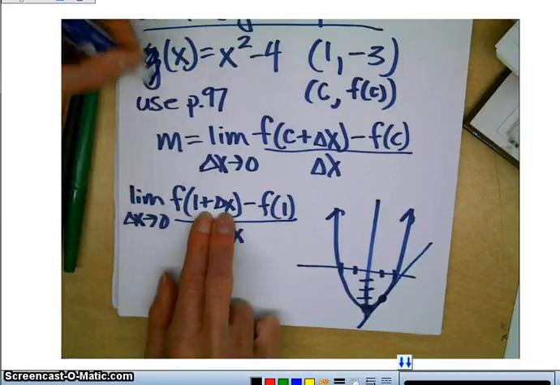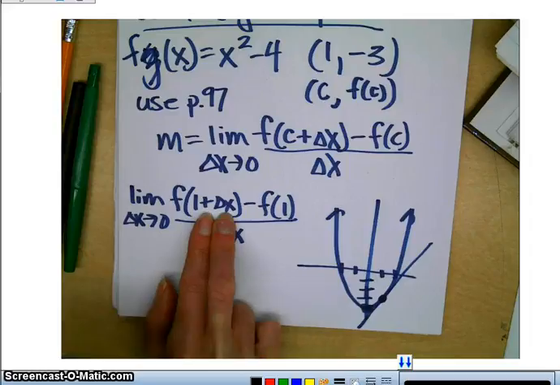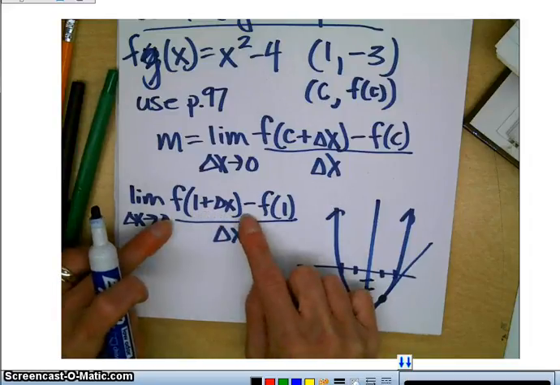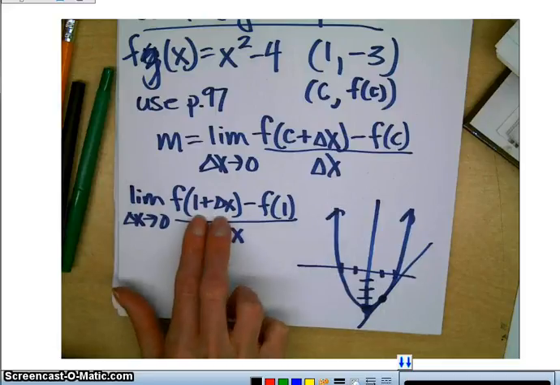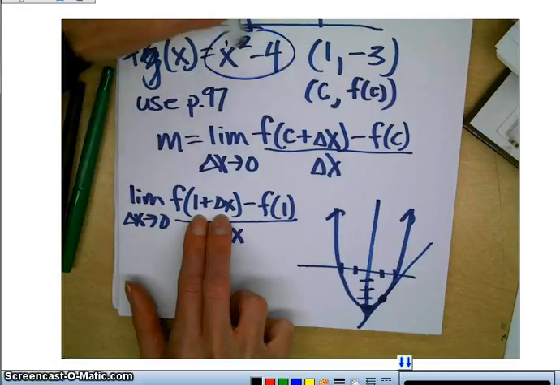No. It's that simple. Have we done this before? Have we found f of x plus delta x? This shouldn't be new. Where am I going to put 1 plus delta x? Into the x of that function.